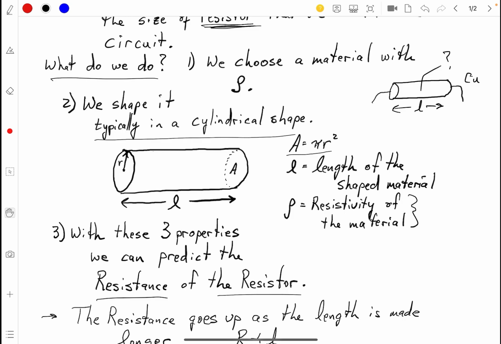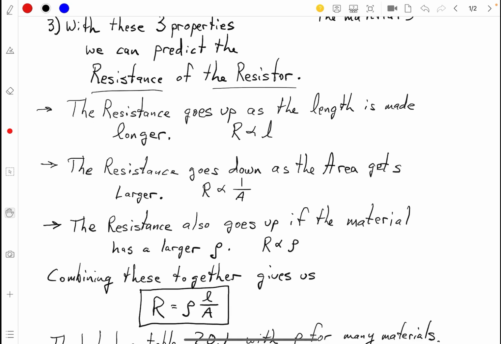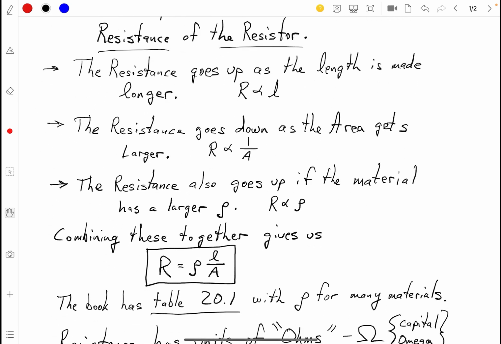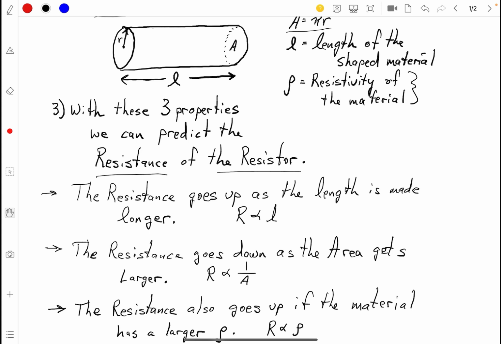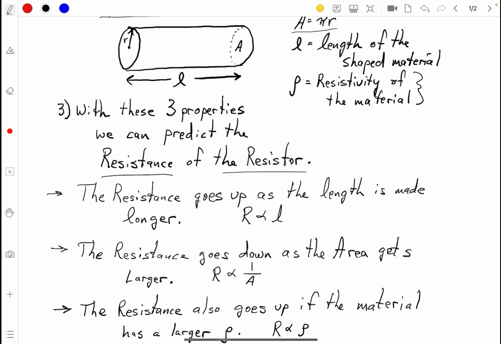That's our whole goal. The resistance goes up as the length gets longer. Can you see that? If we make this longer, of course our resistance is going to go up. That means our resistance is proportional to the length.